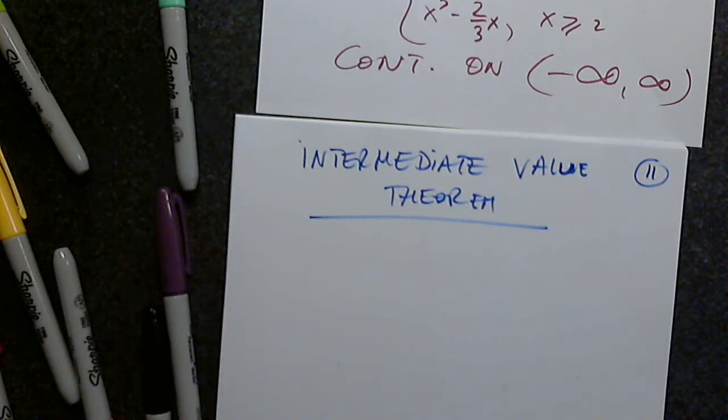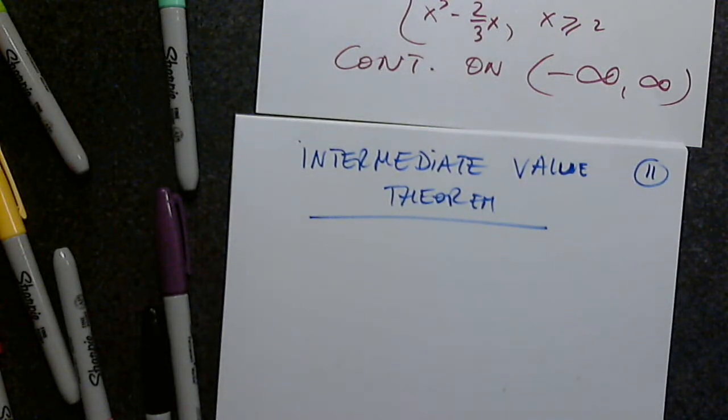In chapter 4, we will learn, with the use of calculus, to solve any equation on the planet. Anything. We are very limited right now. We can only solve quadratic, linear, maybe some factorable polynomial functions, radical, rational, but we will be able to solve any equation, with the use of this theorem as well.